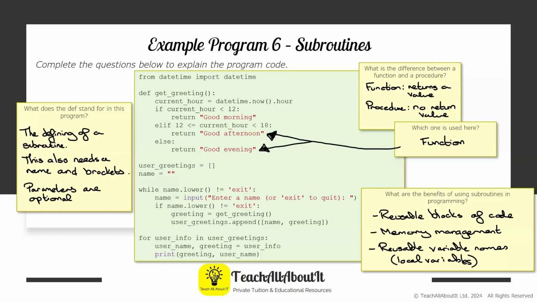And that makes code where we are using our subroutines, our functions and procedures, much, much quicker, makes it far more efficient. And then again, same as I said before, if you have local variable names, you can use the same name twice, which means that you can reuse the same name and you're not having to have really long variable names. You can just make them short and you can make them meaningful.